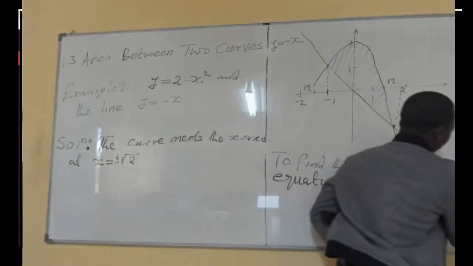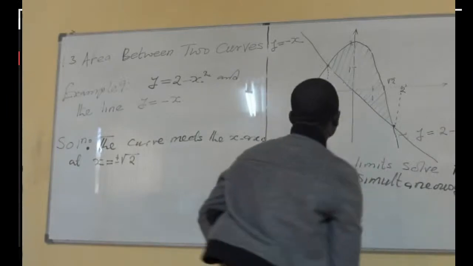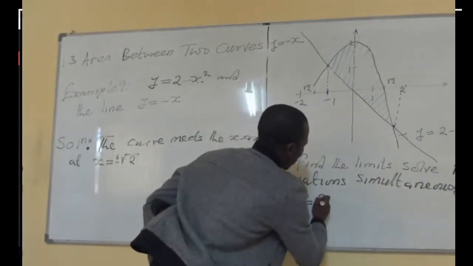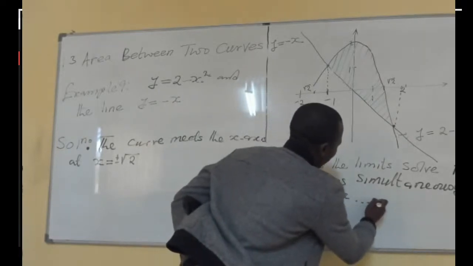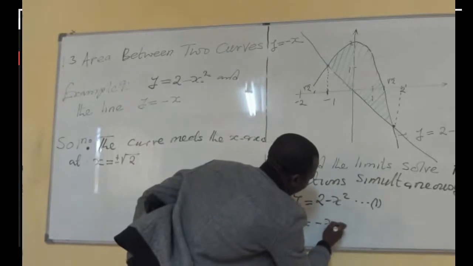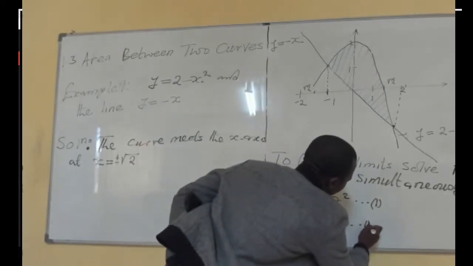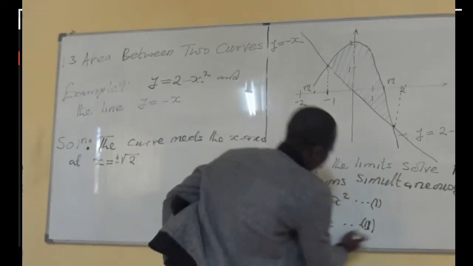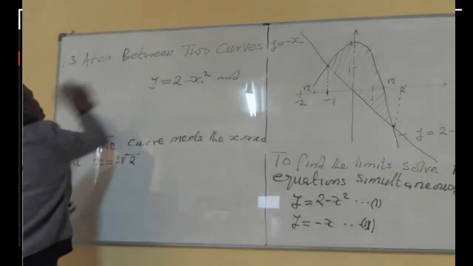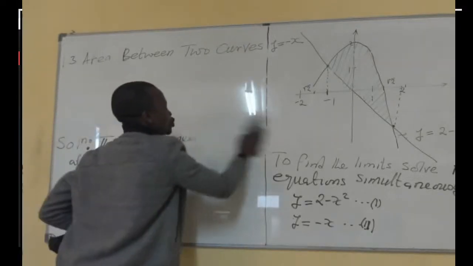Now, to solve these two equations simultaneously, the two equations are y equal to 2 minus x squared, that is your equation 1, and y equal to negative x, that is your equation 2. If you look at these two equations, the simpler way is to use the substitution method.